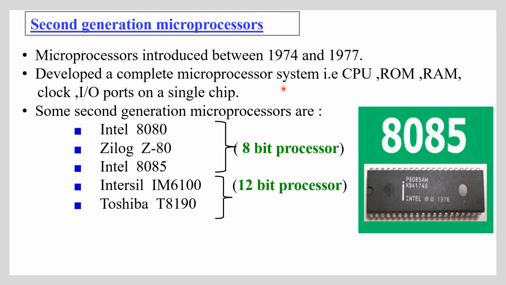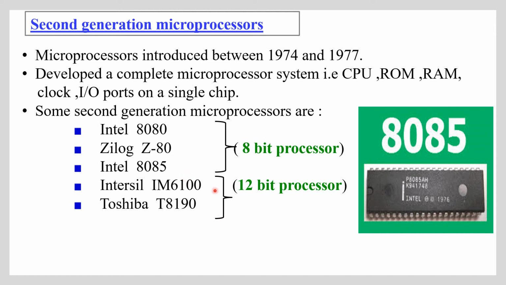In 1976, the Intel 8085 8-bit processor was introduced. Then in 1977, 12-bit microprocessors like Intersil IM6100 and the Toshiba T8190 series were developed.